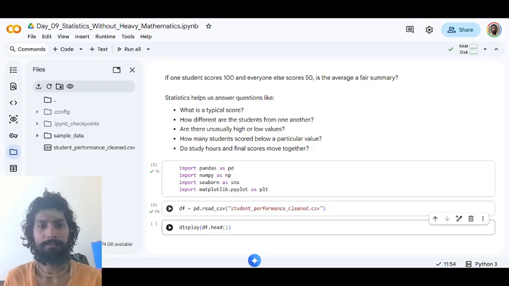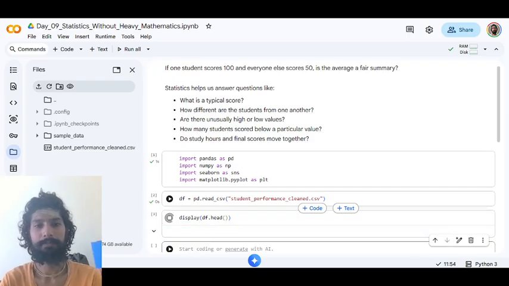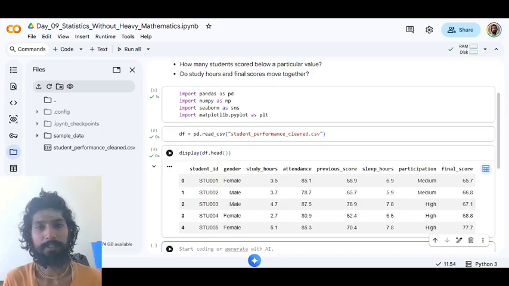Now run the cell. You should see columns such as student ID, study hours, attendance, previous score, final score, gender, and possibly other student related fields. The exact columns may depend on the dataset version you are using. The important columns for today are final score and study hours.